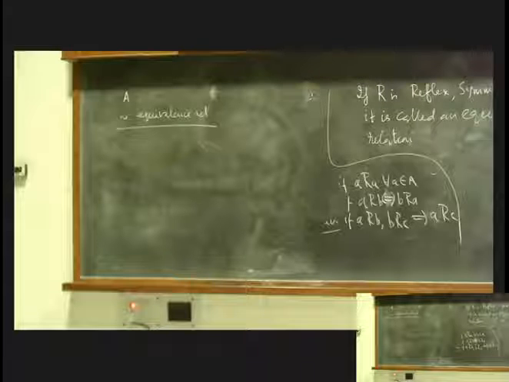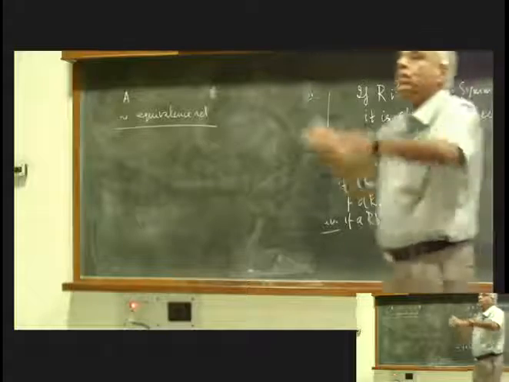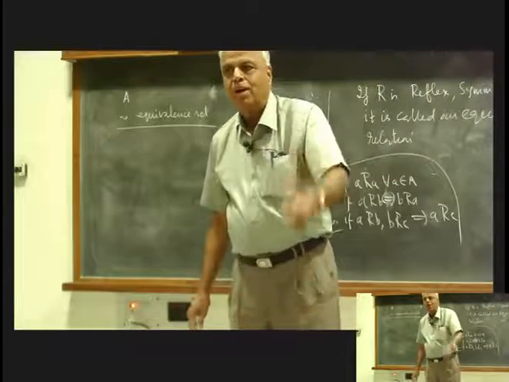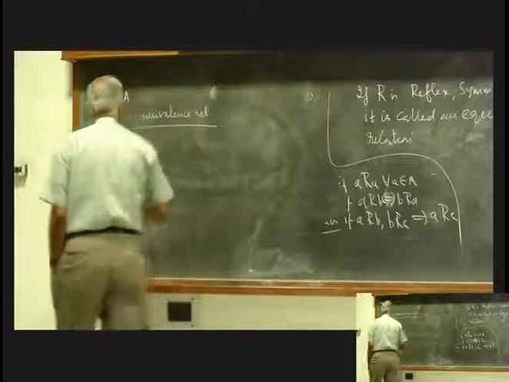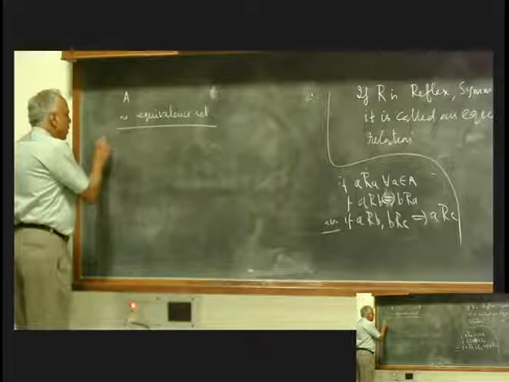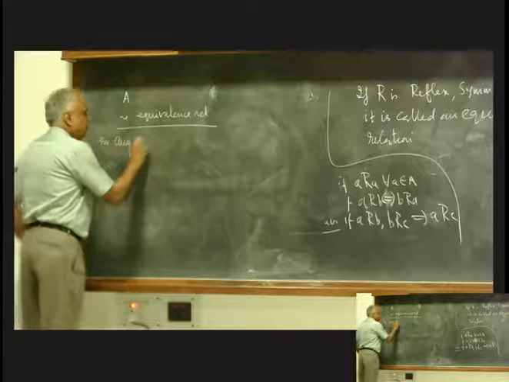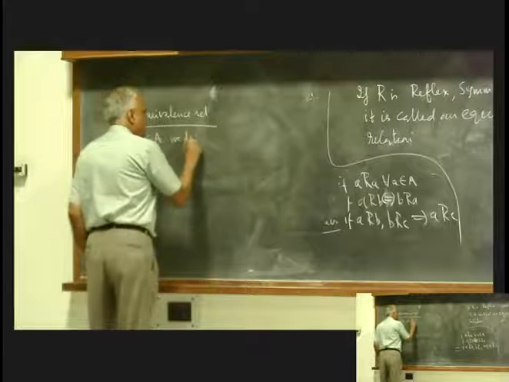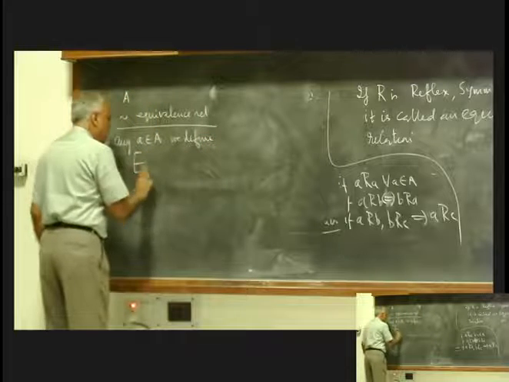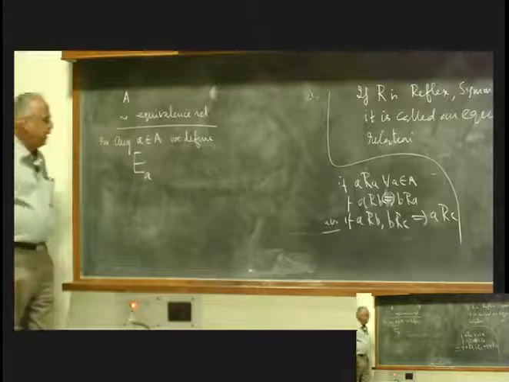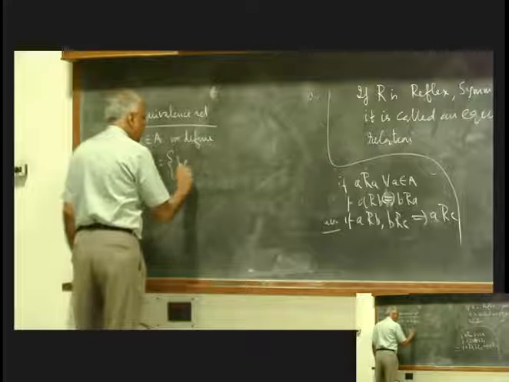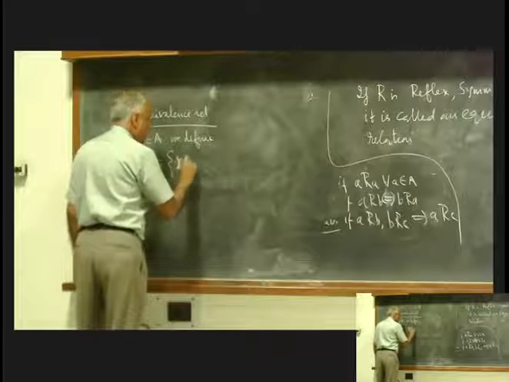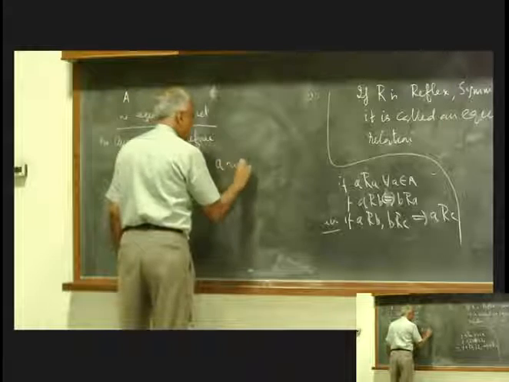Whenever you define an equivalence relation, where somebody is equivalent to another fellow, there is going to be a common property, and that's what we are interested in. So you don't study all of them; you study one fellow, and then you have got all of them. That is what is known as an equivalence class. So for any a in A, we define the equivalence class of a to be all those x in A such that a is equivalent to x.